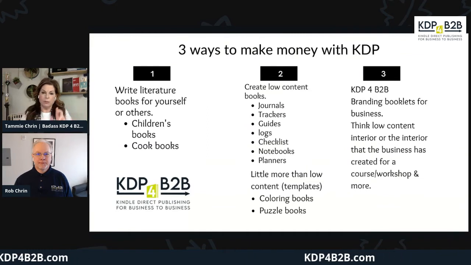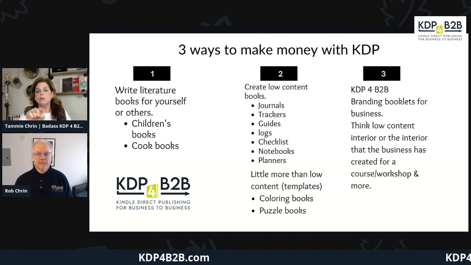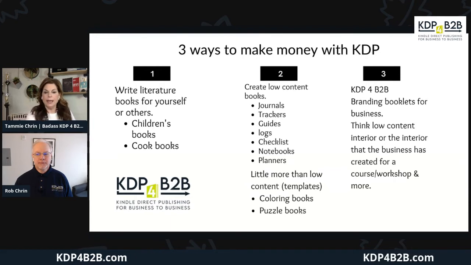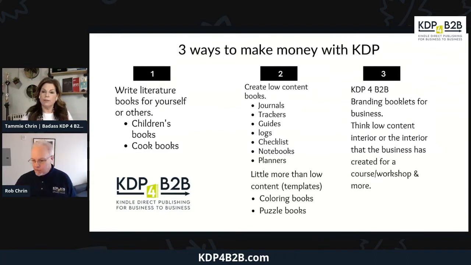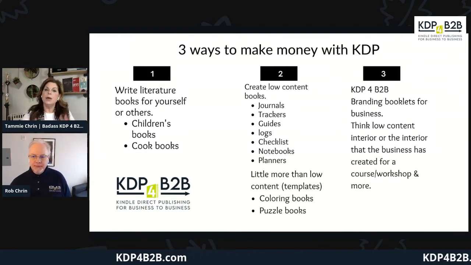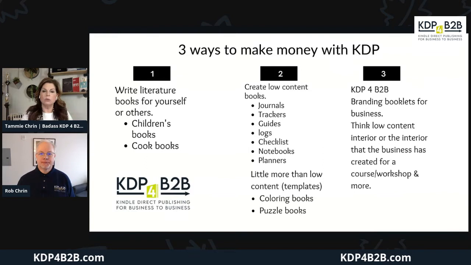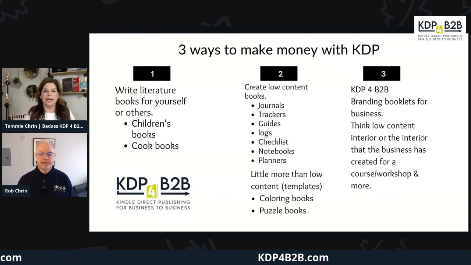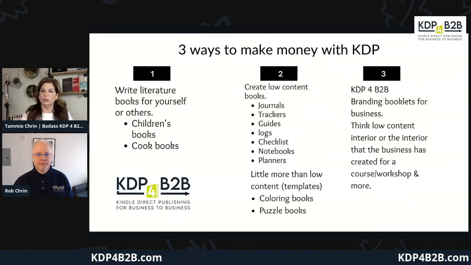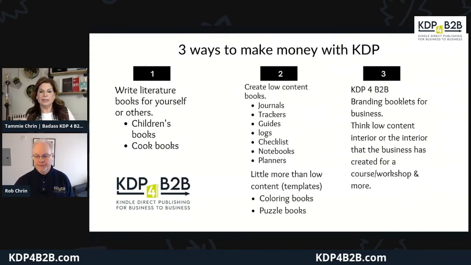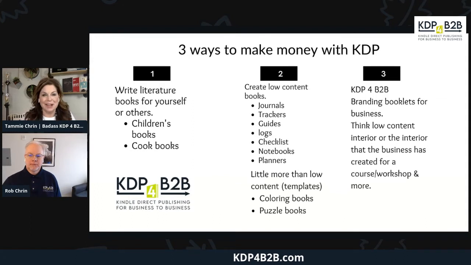And so I went from 2 to 3 because I was sitting there doing KDP and I couldn't get the traffic to really drive to my journals and trackers. I don't have a graphic background, which you don't need, but in order to stand out, it really has to be something unique and something that people are looking for. And so I put my journal up there and I was all excited, and it didn't sell.